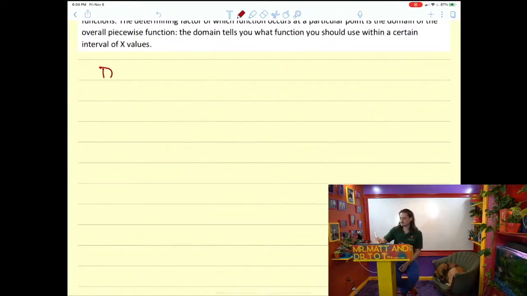Domain is just a fancy word for the acceptable values of x.